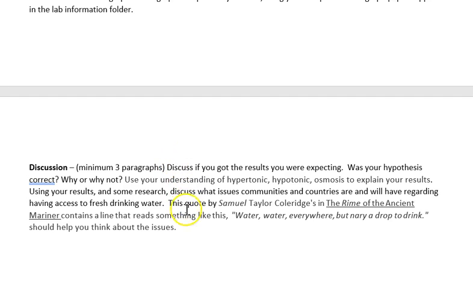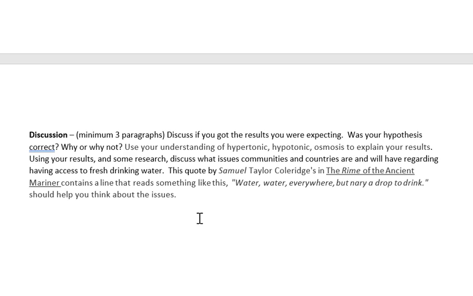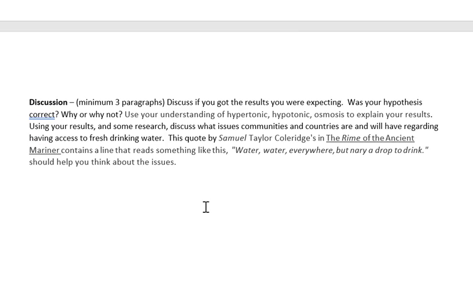And you're also going to have to talk about water and why it's important, and why, I don't want to give this too much away, but why we can't drink all the water that's in the world, and why the consistency or the characteristics of water determine whether we can drink it or not. So your discussion is going to be 3 paragraphs at least, and you're going to have to do some good thinking on what this experiment showed you based on what the video taught you about osmosis.